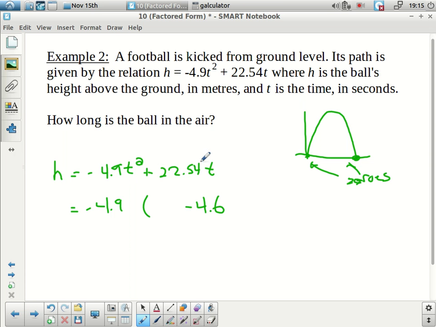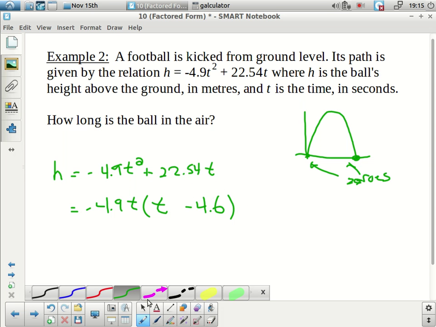I have a t squared, and I have a single t, so that means I can common factor out t. Okay, so my first term I'm left with is that other t, and the t is gone from the second term. And basically we're done, right? There's no squared left here, so I am completely factored already.